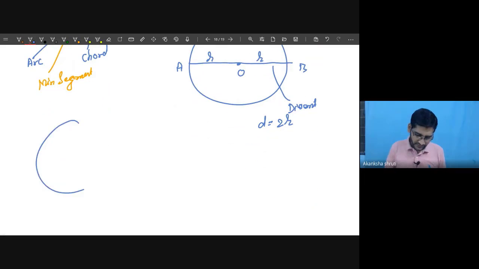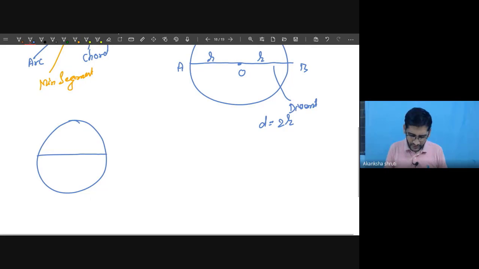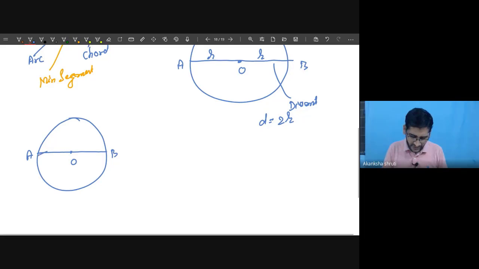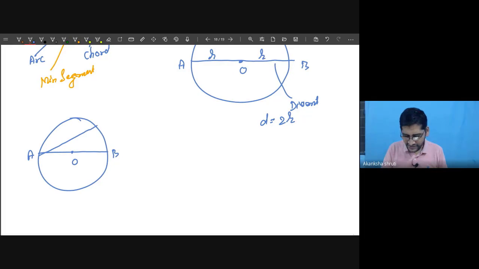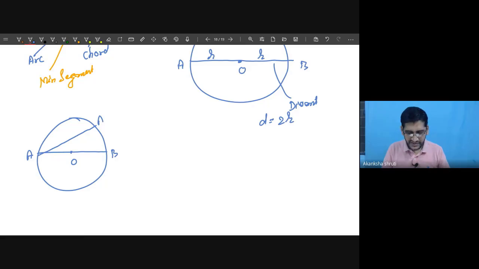Now, related to this diameter, various properties are there. If we join any point, consider this point as P, then this angle is always 90 degree. Why? This angle is 180 degree.